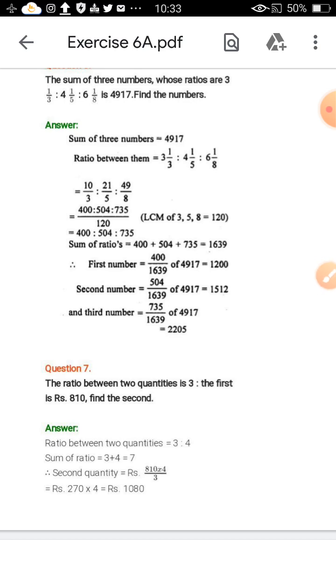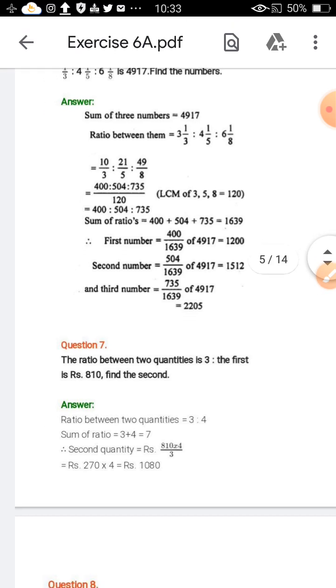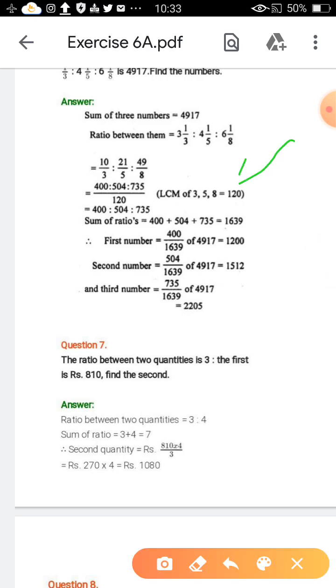Their LCM will be 120. To get the denominator 120, we get the numerators 400, 504, 735.